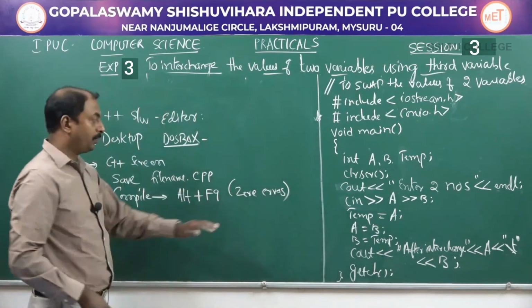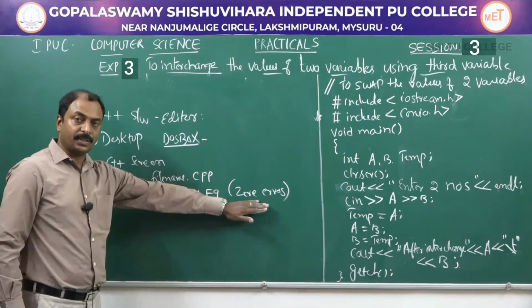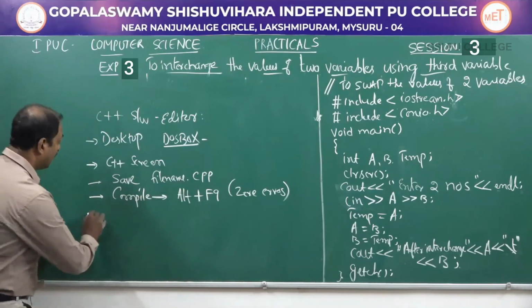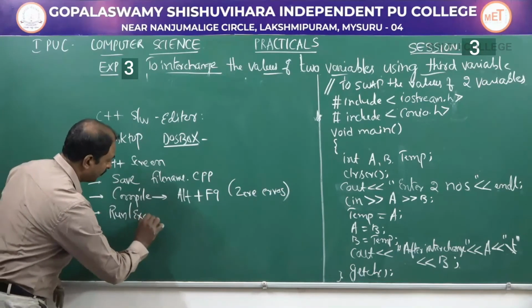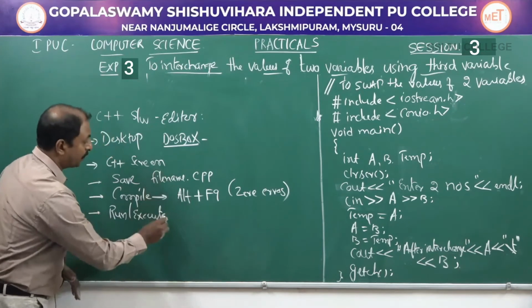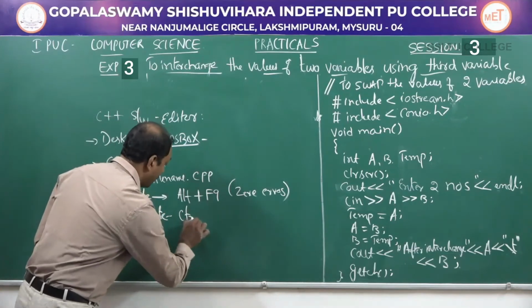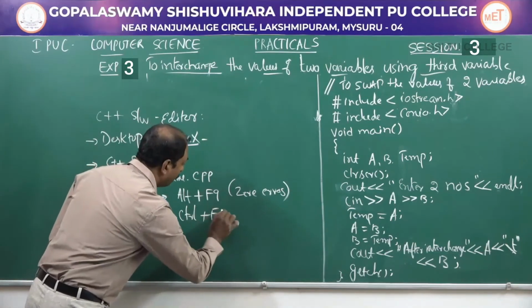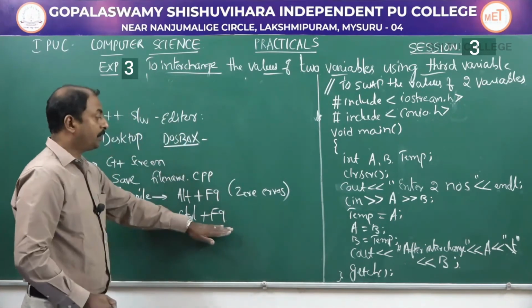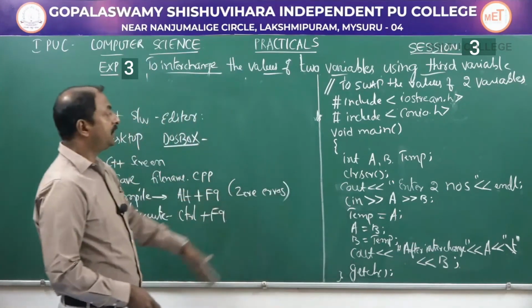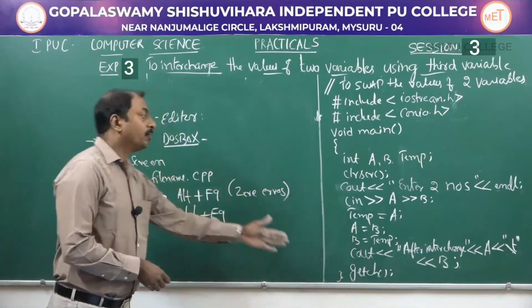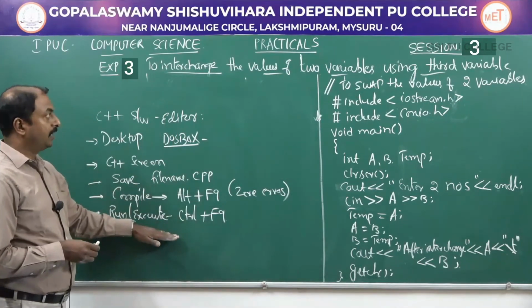Once the errors are 0, we have to run or execute the program. Execute the program by using the key Control plus F9. Once we execute the program, you can see the output here. So this is how we write a program and how we execute it in computers.